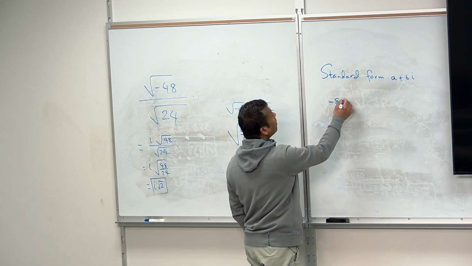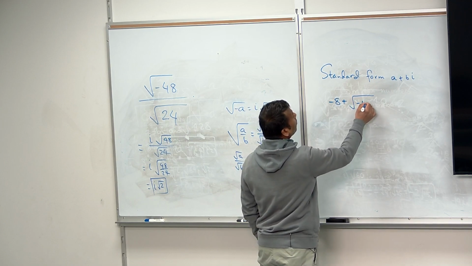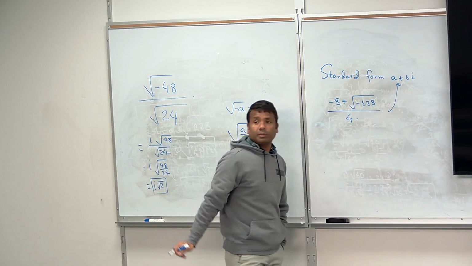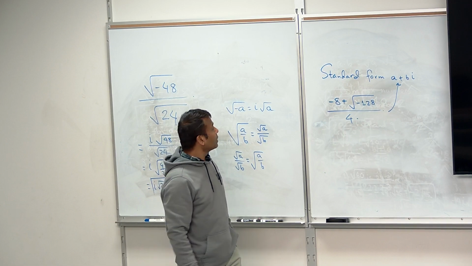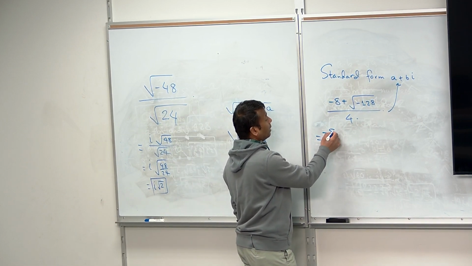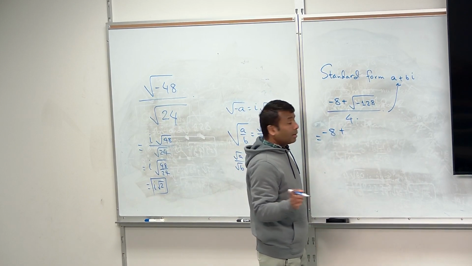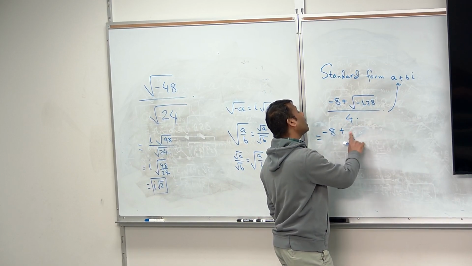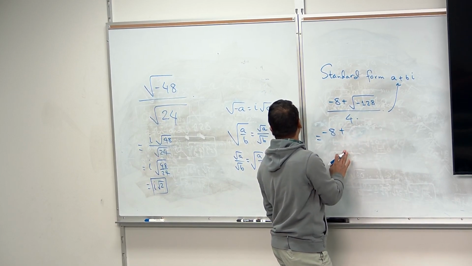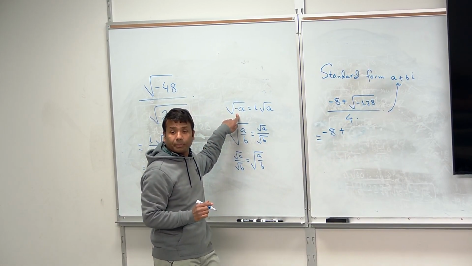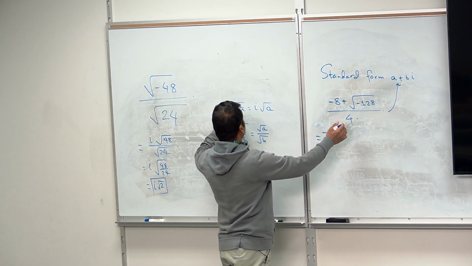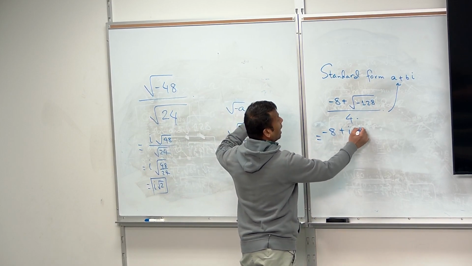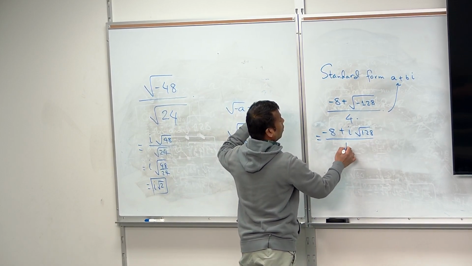You have negative 8 plus radical negative 128 over 4. Remember we did it before, this radical negative 128, if you use this definition, you can rewrite this as what? Can you tell me? i radical 128. Exactly, i radical 128 over 4.